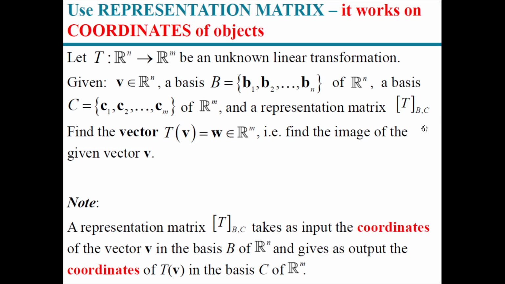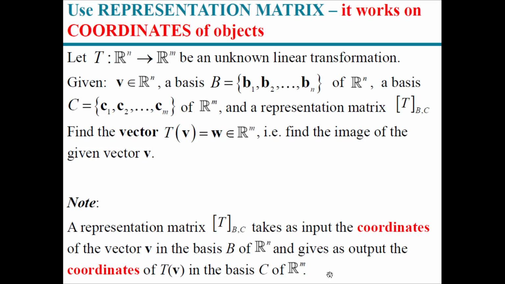So things look a little bit scary, but they are not actually, because we know that this representation matrix relative to bases B and C takes as input the coordinates of a vector v in basis B. That's what it needs to work. And when you do the product, you will get as a result the coordinates of the image in basis C. So it gives you as output the coordinates of the image in basis C. Finally, this is very nice.